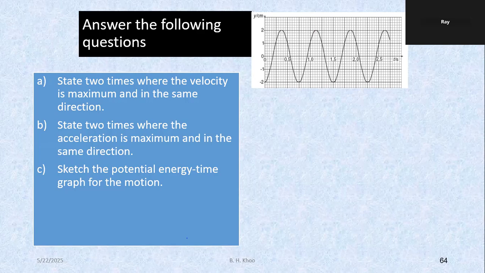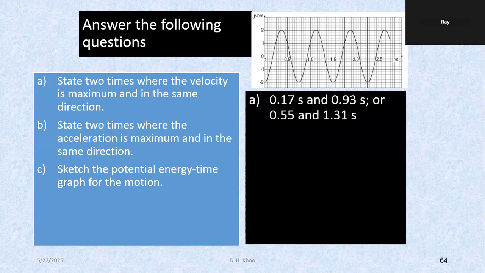This is applying your AS work. Velocity is your gradient, no? Right? Gradient. So you take here, then the other one is here.